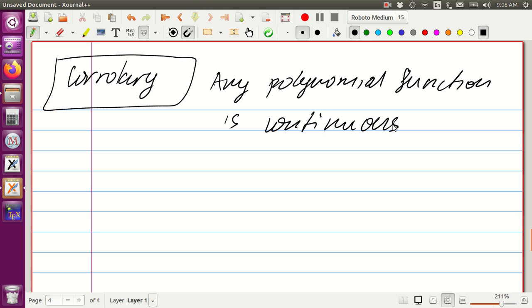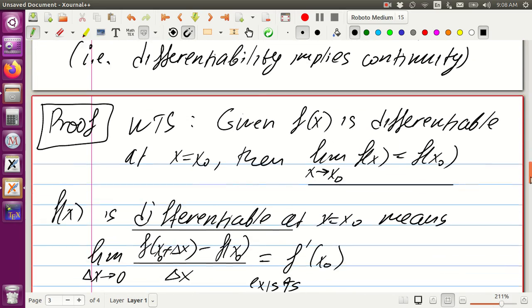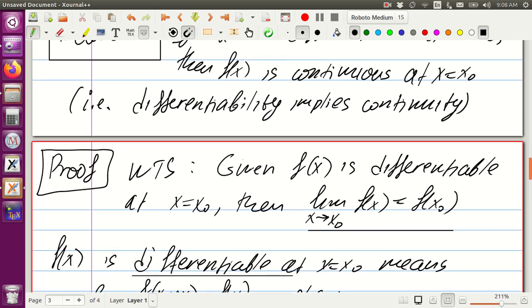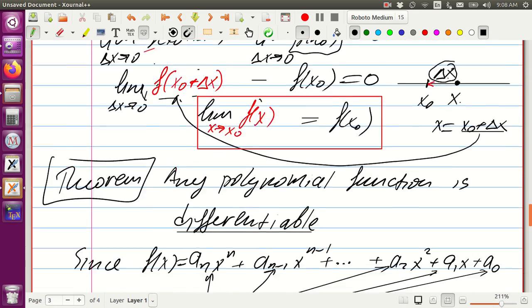Any polynomial function is continuous. Why is that? Because we know that if the function is differentiable, it is continuous by the previous theorem, right? So every differentiable function is continuous, right?